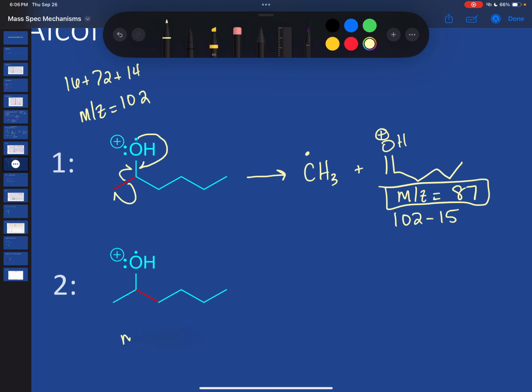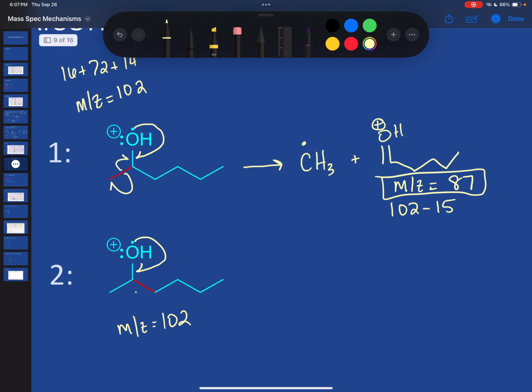So again, the mass to charge ratio of my molecular ion peak is 102. So here we're going to do the same thing, but this time we're going to break the right side. So go ahead and hit pause and see what you come up with. All right, so let's start with that radical electron to begin the process of forming that double bond. I'll finish that double bond with one electron from the sigma, and then put the other electron from the sigma on that carbon connected to alpha.